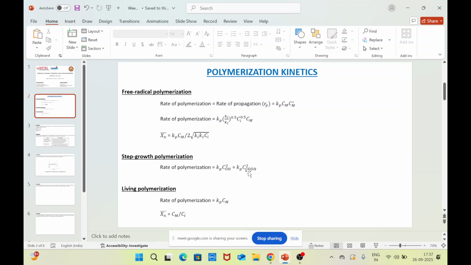After the step growth polymerization, what we are going to have is the living polymerization. So anyone have any guesses on why this particular polymerization is called living polymerization?